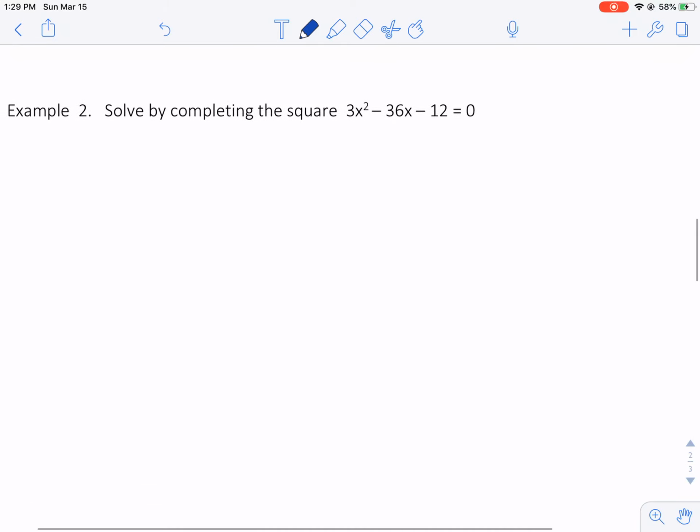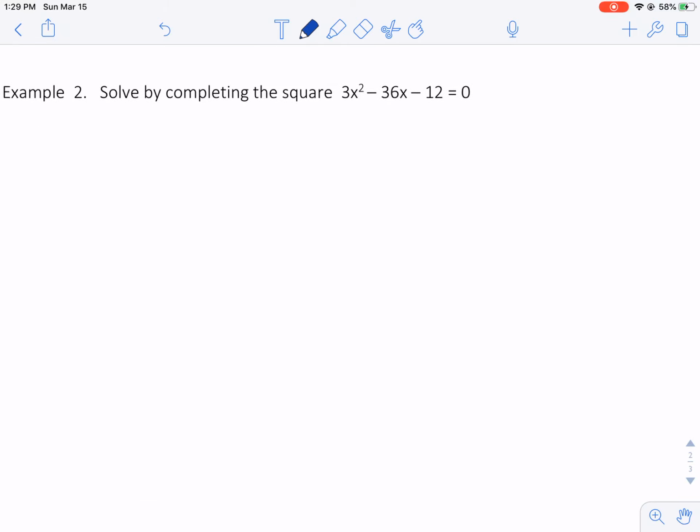So let's take a look at that. Solve by completing the square. So I notice first thing that there's a number touching my x squared, and that is not allowed for completing the square. So I am going to divide absolutely every term by 3. So divide by 3, divide by 3, divide by 3, and divide by 3.